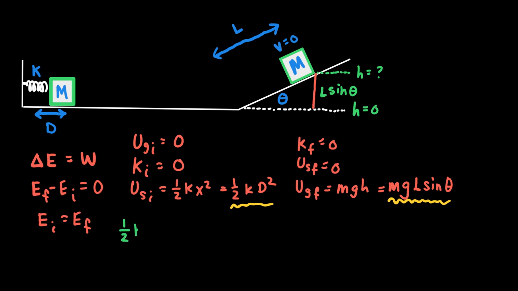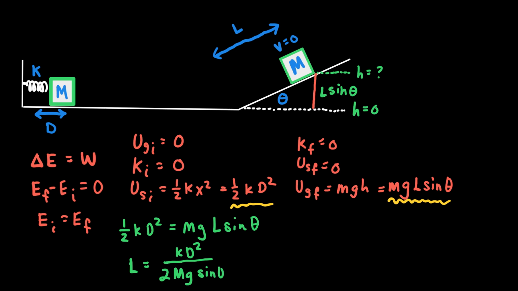So 1/2 kd squared is equal to mg L sine theta. And so the last thing I need to do is solve this for L. L is equal to k times d squared divided by 2 times m times g times sine theta.